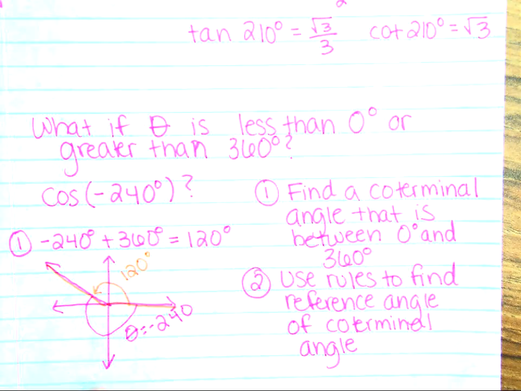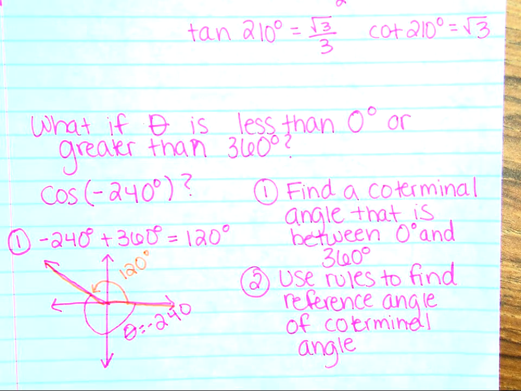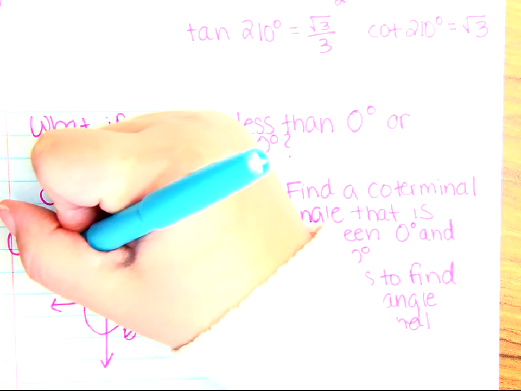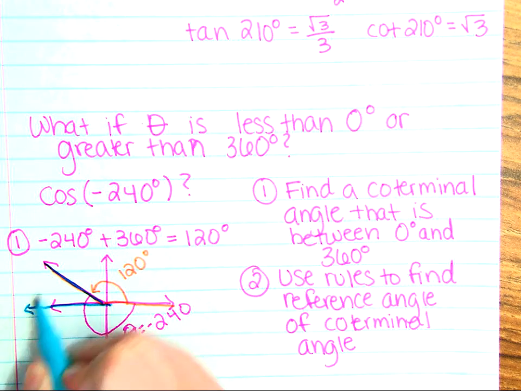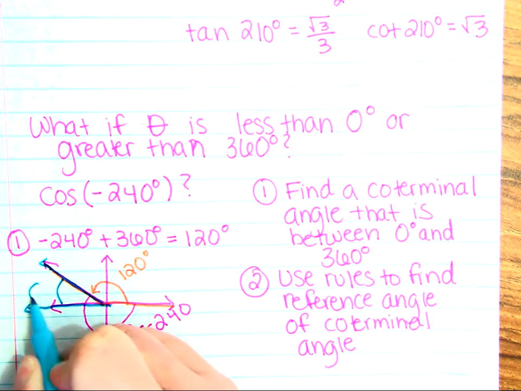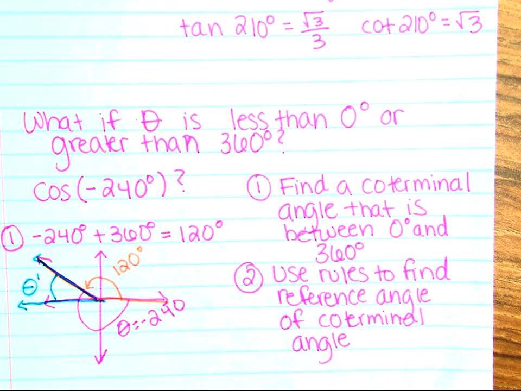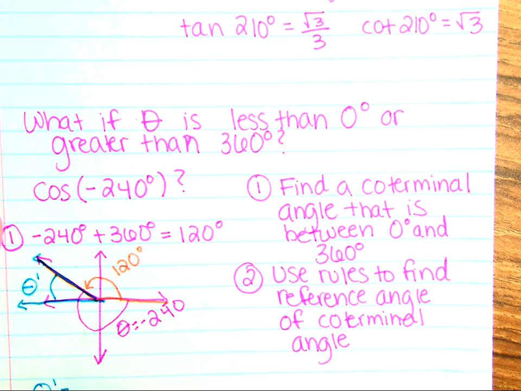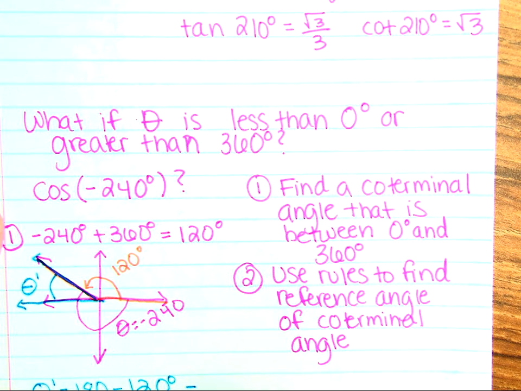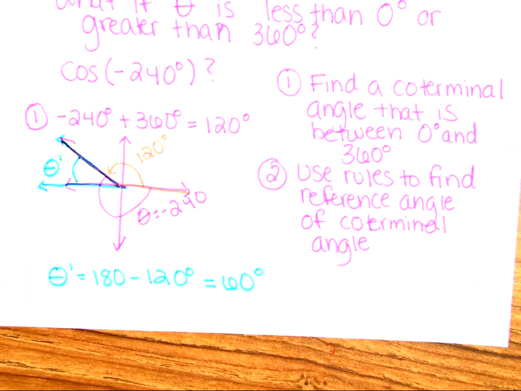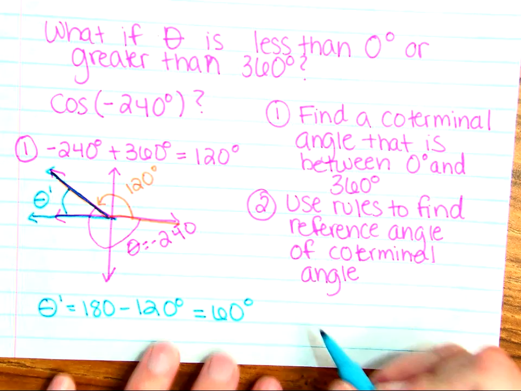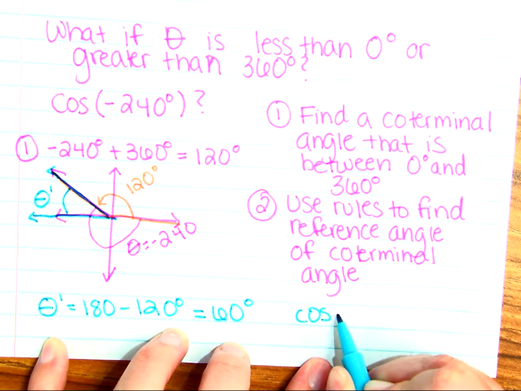So that still doesn't get me what I want. Now I'm actually looking for the angle between the terminal side and the x-axis. This would be my reference angle. How do I figure that out? You want to know the difference here: 180 minus 120. So the reference angle I am looking for is 60 degrees. So I'm really looking for the cosine of 60 degrees.